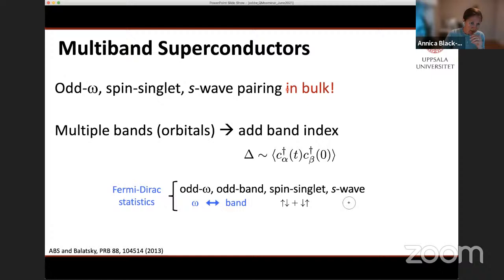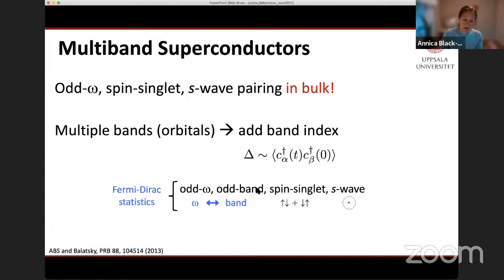And the trick here is when you have multiple bands and orbitals, you end up with an additional band index for your Cooper pair. So these alpha and beta variables that I had before are now not just coding for spin and spatial parity, but they also have to code for the band index, or orbital index, if you will. So now you can have a spin singlet state, the s-wave.